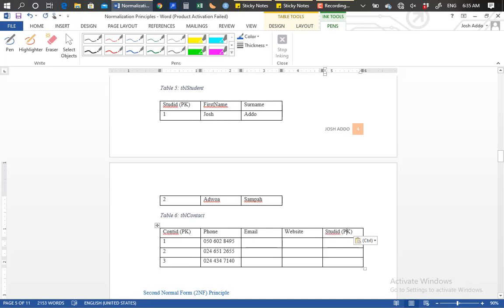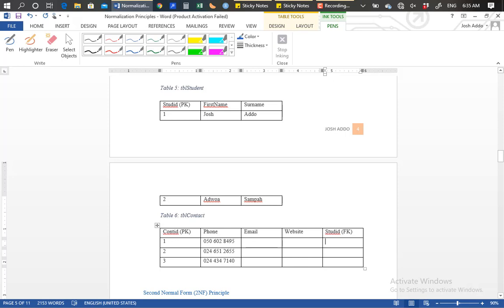So this is the foreign key. The reason why I'm doing it this way is that it makes more sense that I will first probably enter the student table with these values. When I'm entering the phone number values into the contact table, after the first entry, I then specify who this number is for. So it makes more sense to actually bring the foreign key here.